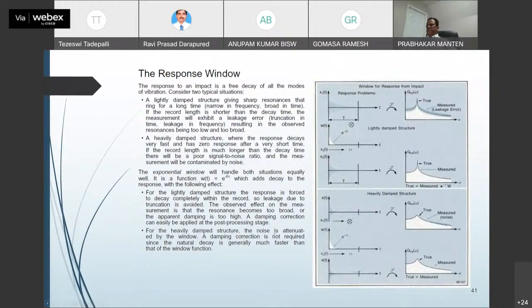For the heavily damped structure, the noise is attenuated by the window. A damping correction is not required, since the natural decay is generally much faster than whatever window function has been applied. So, for most of your work, you would be applying these windows.